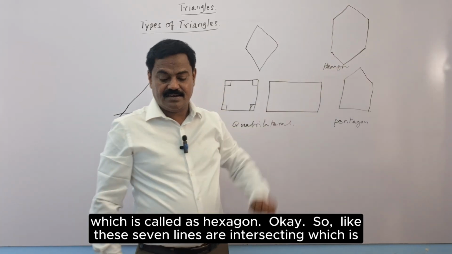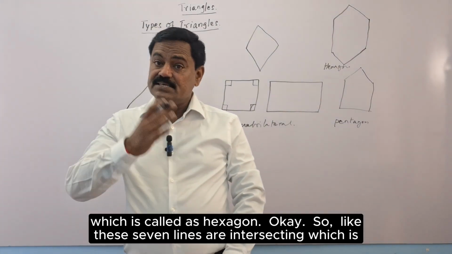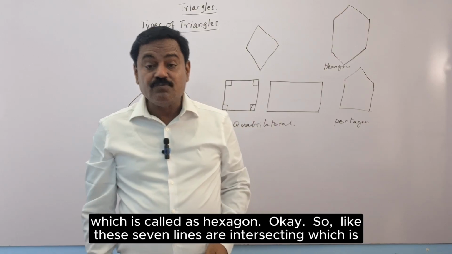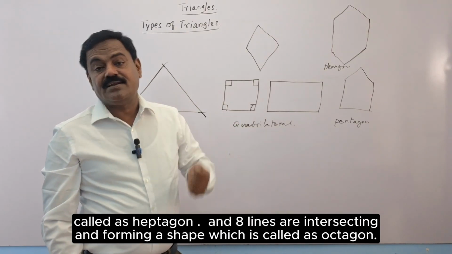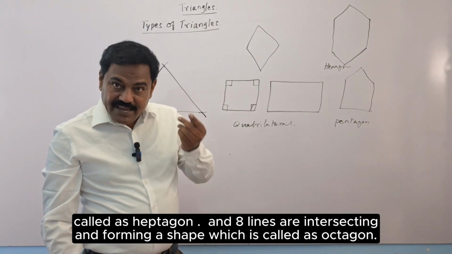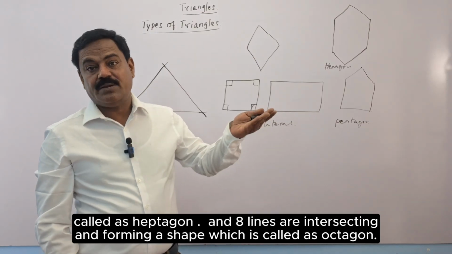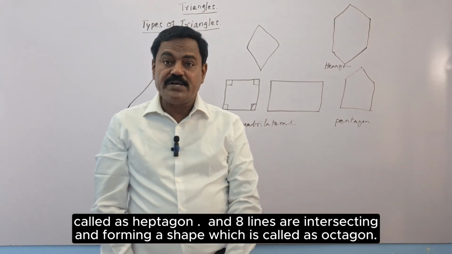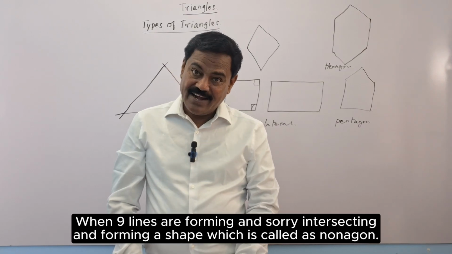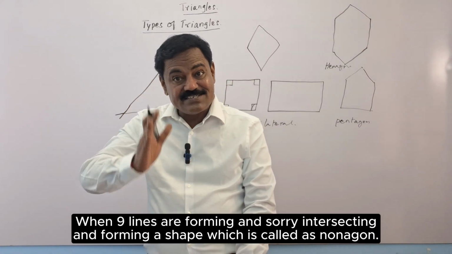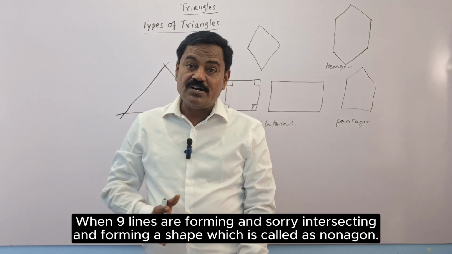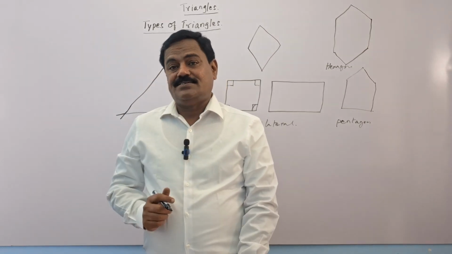Like this, seven lines intersecting is called a heptagon, and eight lines is called an octagon. Nine lines is called a nonagon.